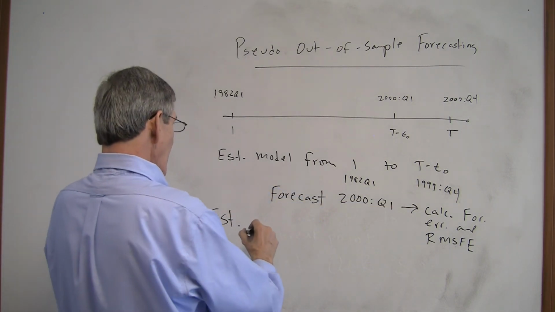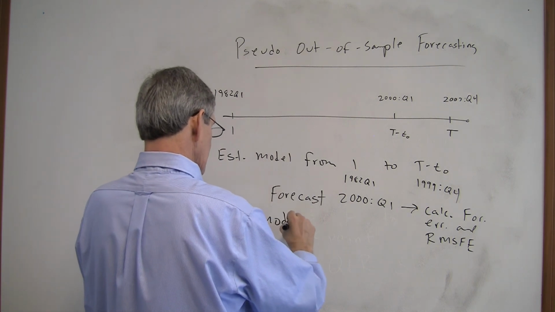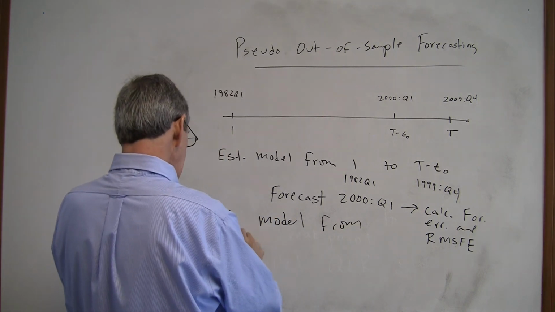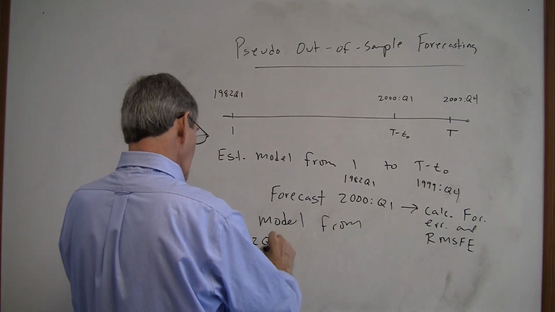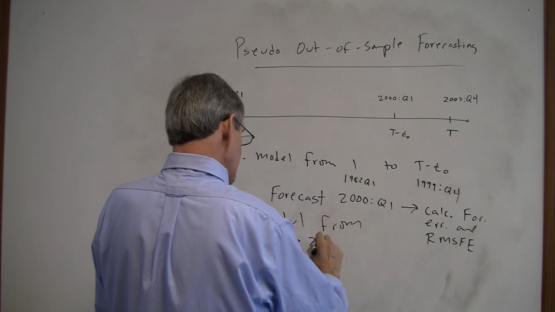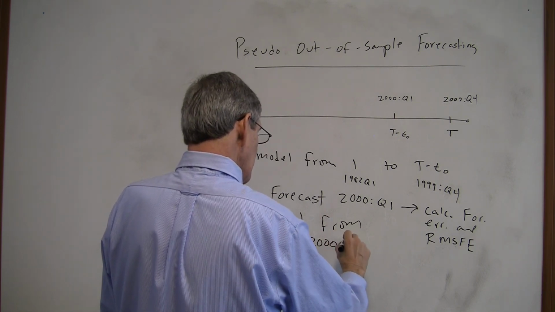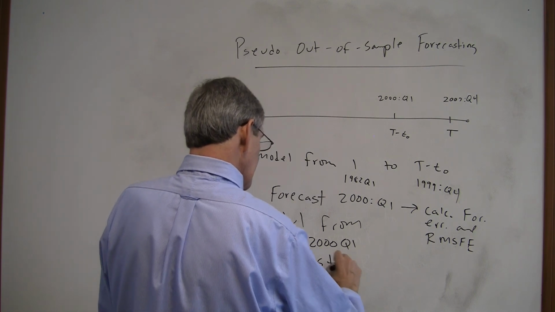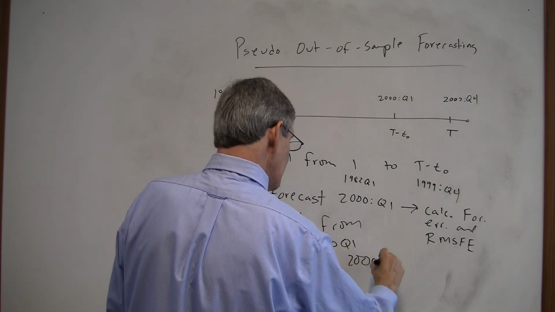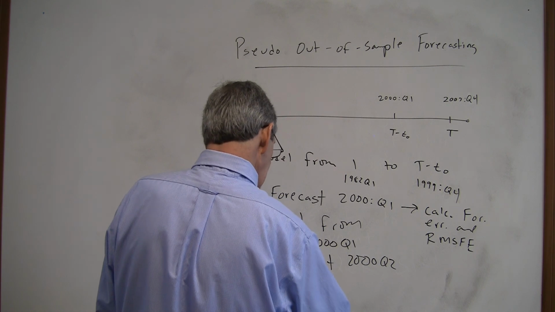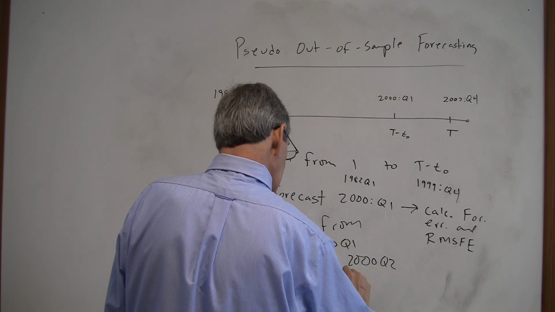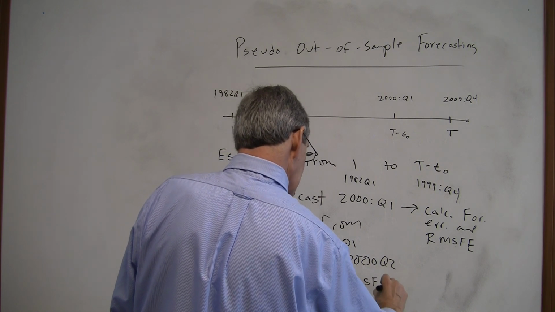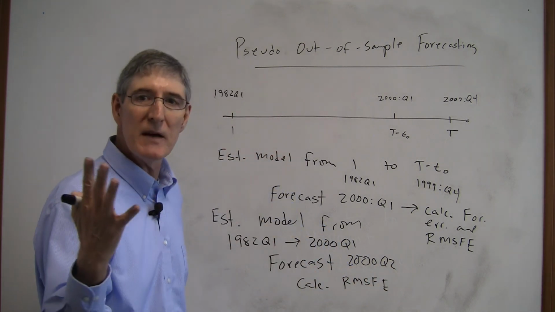Then I would estimate the model from 1982 Q1 through 2000 Q1, and then forecast 2000 Q2, calculate the root mean square forecasting error. Now I've got two different ones.